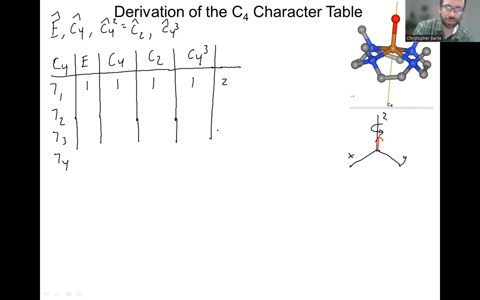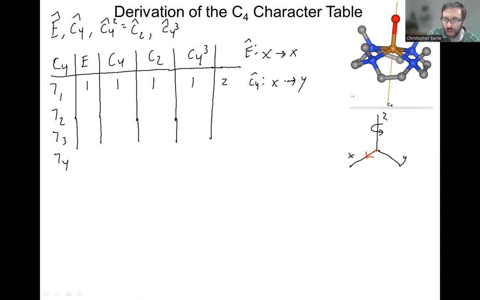Okay, so let's do x and see what happens. I'm going to erase this little red z vector, and now let's put an x vector. We sort of just went over this when we were talking about classes, but when we do the identity, x is going to go to x. When we do a C4, and remember the hat means operation, when I don't have a hat, it means class, x, if we define it as going in this direction, is going to spin over into y.